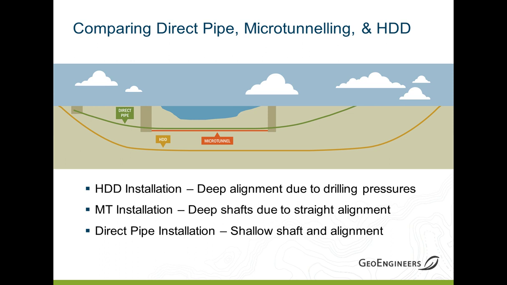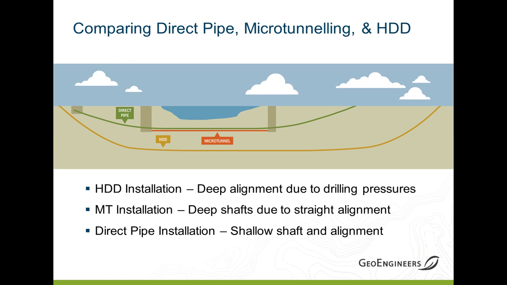This is because the HDD hole is uncased during construction, and the fluid pressures HDD requires to move cuttings out of the uncased hole are much higher than you see in microtunneling or direct pipe. And some direct pipe profiles mimic HDD profiles, and we'll show an example of this later. But as a minimum requirement, direct pipe can be much shorter than HDD.